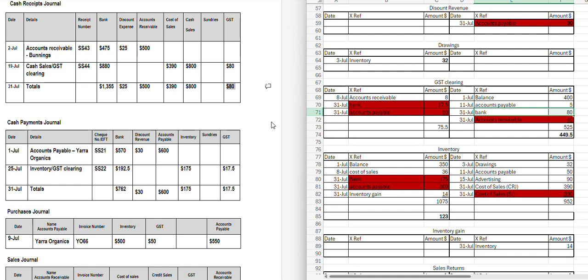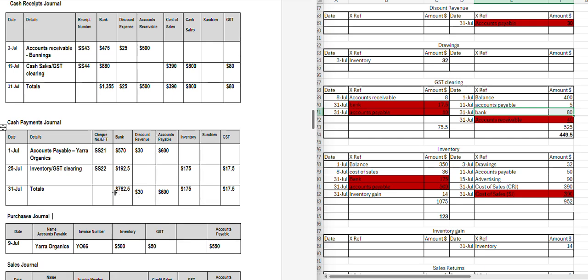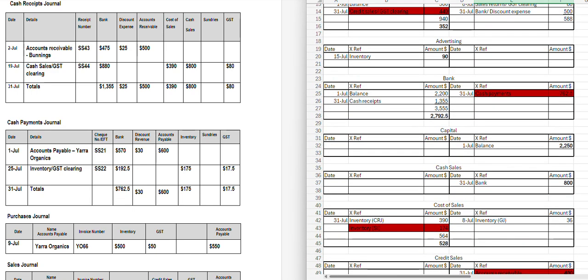Let's move on to the payments journal and follow a similar process. So step 1 is we've got $562.50. So whether you want to worry about that 50 cents or not, I'll leave that to you. I'm going to stick it in. So that money that we've shelled out for all of these other items needs to be recorded in the bank.